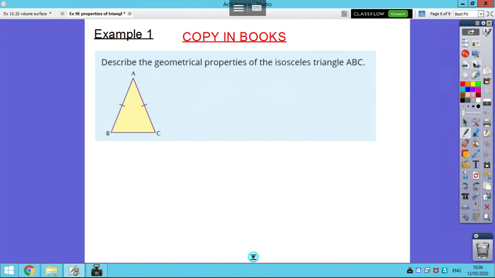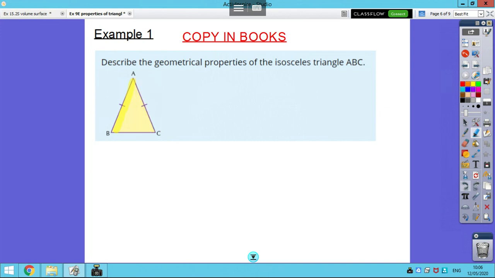Okay, here's your first example. I'd like you to copy into your books. Describe the geometrical properties of the isosceles triangle ABC. Well, we know that an isosceles triangle has two equal sides and two equal angles. So we've got to find a way of writing that. The two equal sides are this side and that side.